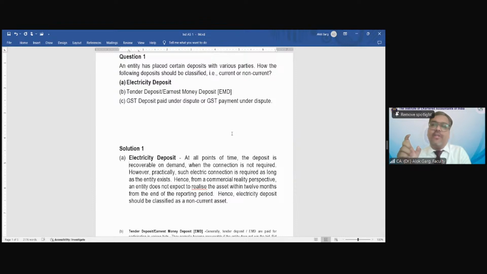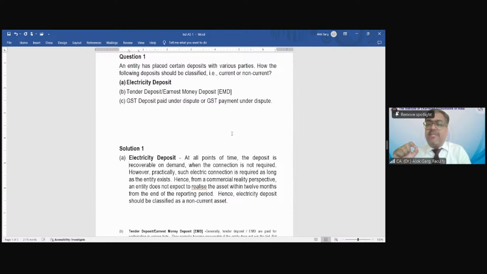A 15-month lock-in period is there. Why 15 months of lock-in period? There could be a commercial requirement of the Government of India. For example, whomsoever is participating in the bid, they want to see the conduct of those companies for the next 15 months. So they have deposited on 28th February 2025. The bid is going to open after 15 months.